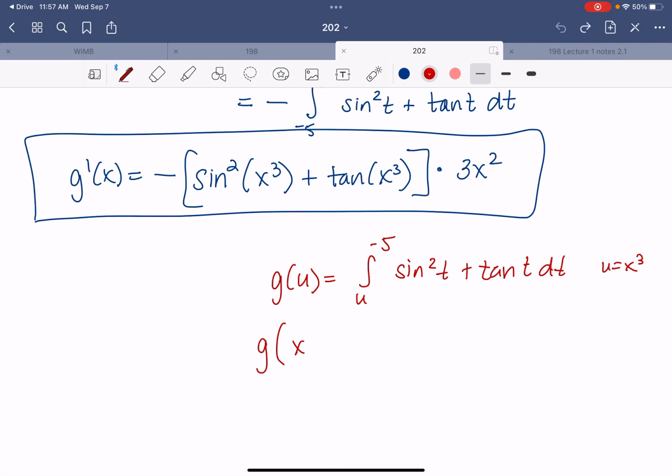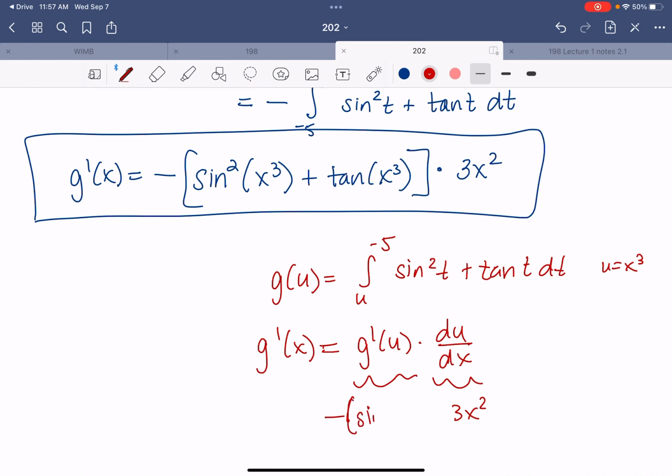Well, let's leave it like that for now. So when we would find g prime of x, we need to find g prime of u times du dx, because what's inside isn't an x, right? So we have to remember to differentiate what's inside. So this right here is the 3x squared you're seeing above, and this right here is the negative sine yada yada yada, okay, from up above.